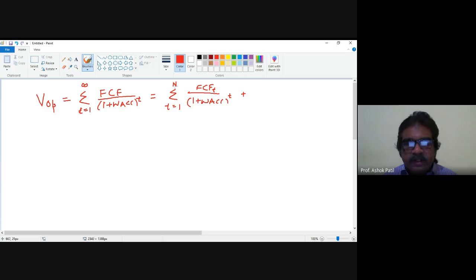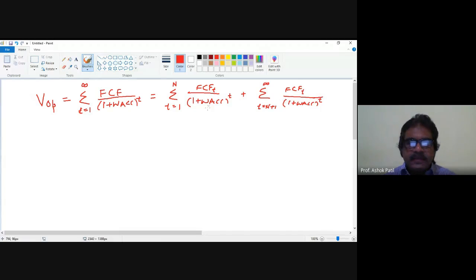Remaining period after N years. Suppose N is 5, so from the sixth year onwards we need to calculate the FCFs. So the same thing can be written like this: T is equal to N plus 1 to infinity of FCF T divided by 1 plus WACC raised to T.